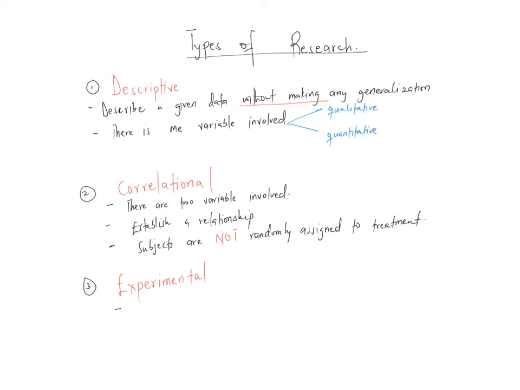Under experimental, likewise, same here, two variables are involved. But in this case, the kind of relationship that we want to establish is a cause and effect relationship.